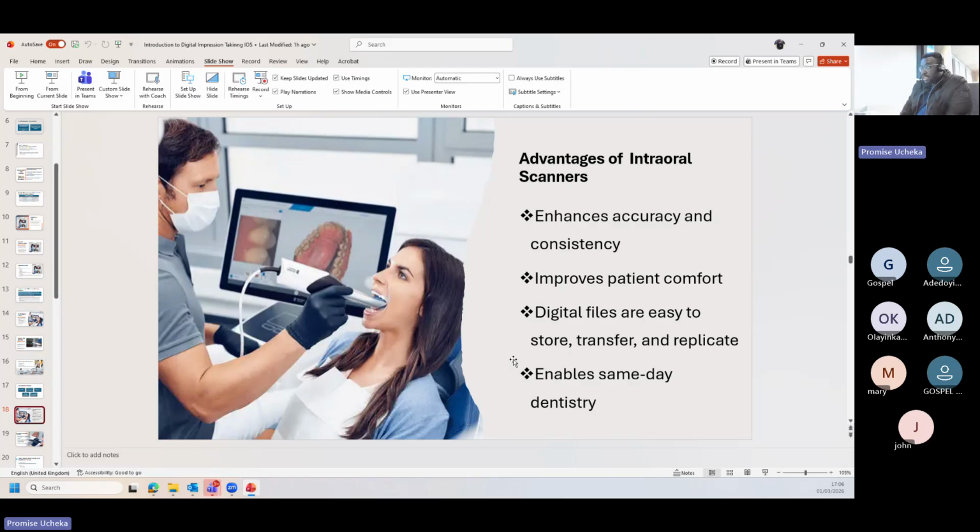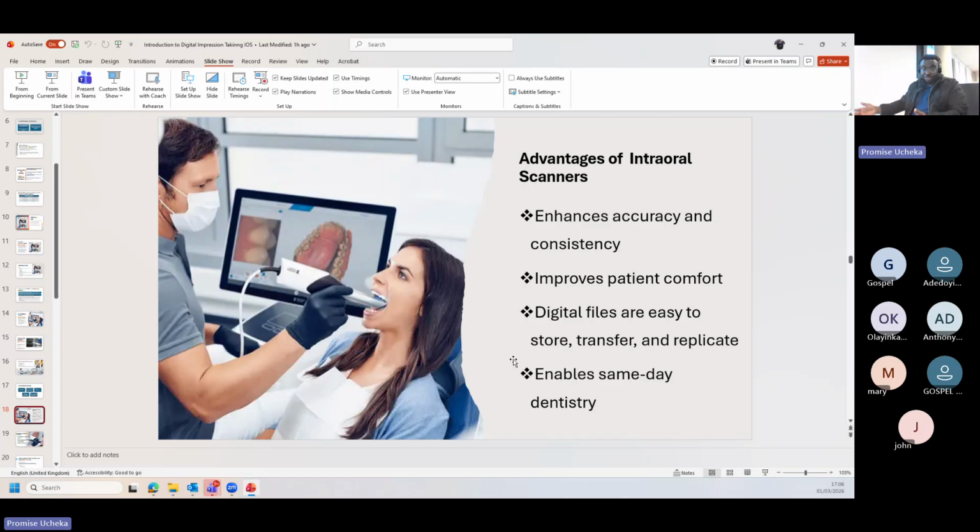Improved patient comfort is an advantage. Digital files are very essential to store. Someone did mention that you have problems with storage of the things that you use to take impressions. Even the impressions that you've taken, I don't know how long you file them. Maybe you have a physical cupboard where you put all the impressions.